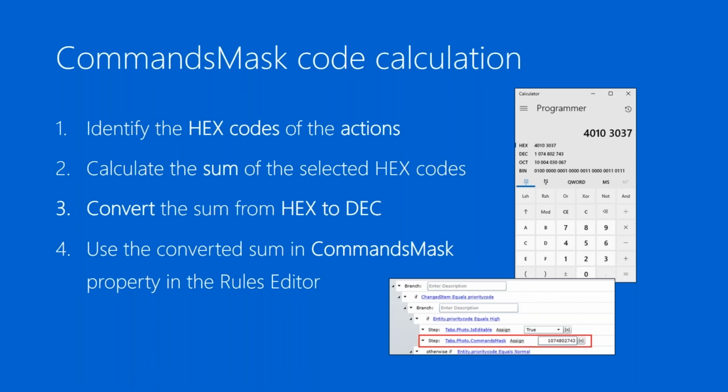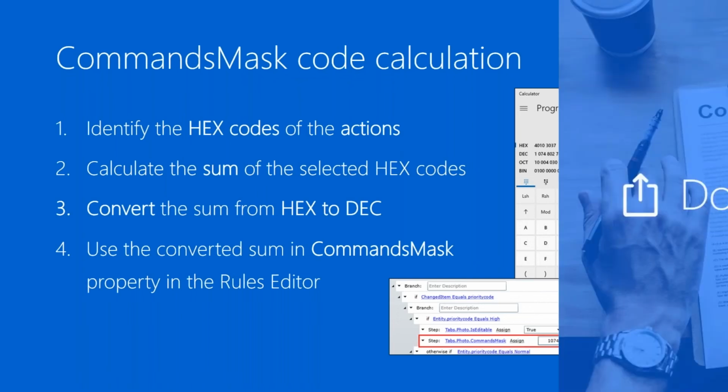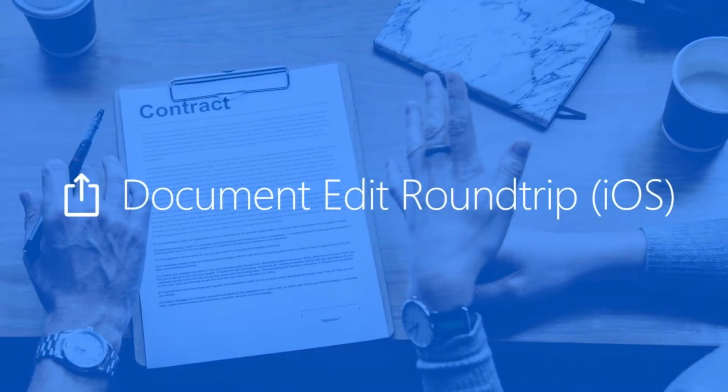I'm going to show you in the following demo how this can be done, but now let me say a few words about the next topic, which is a document edit roundtrip feature, specifically for the iOS platform.